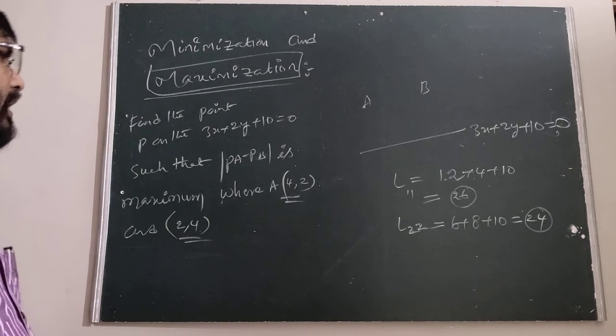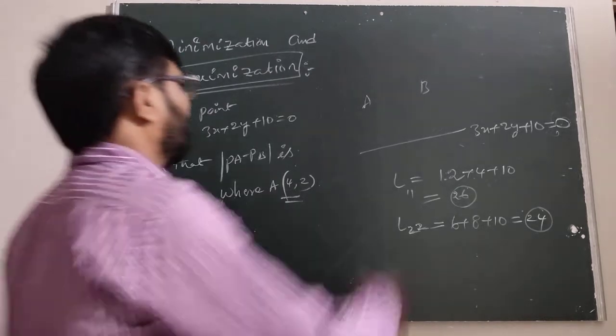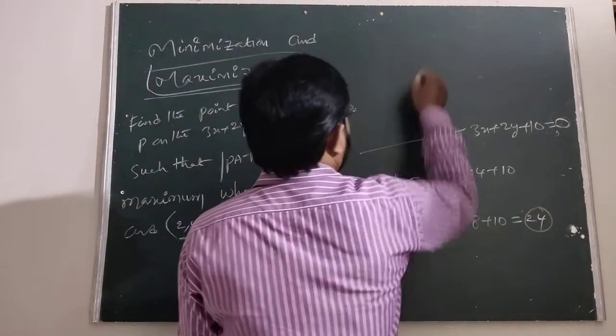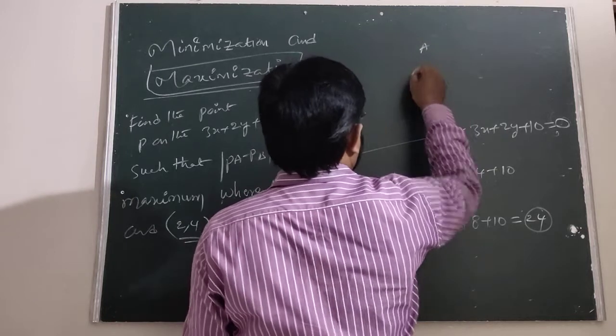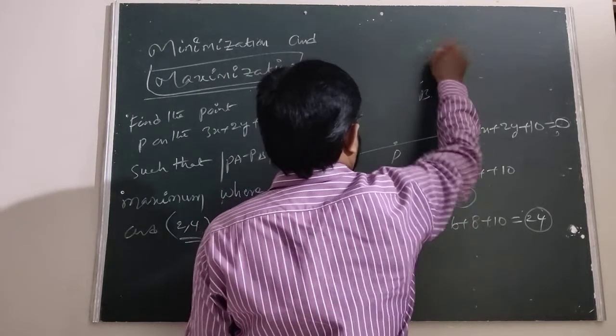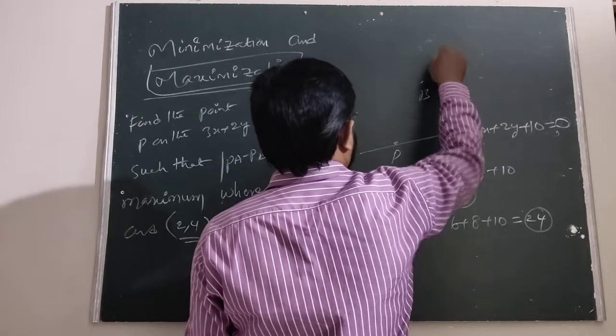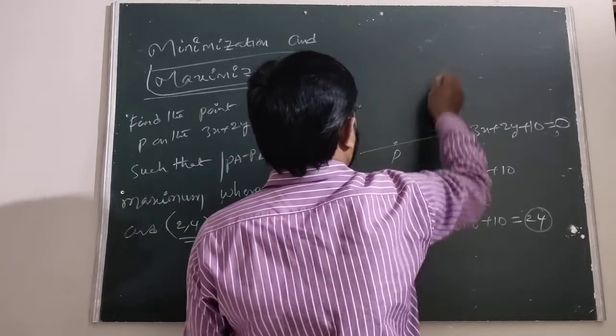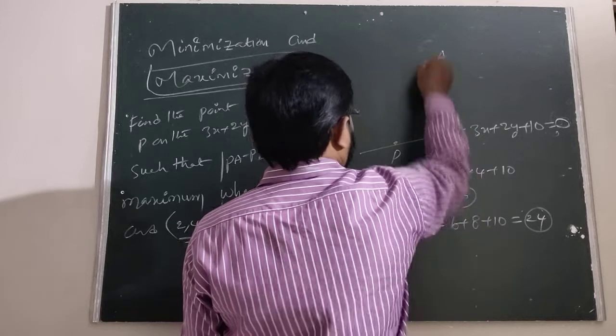How to find the minimum? When they are on the same side, take A and B. A and B are on the same side.